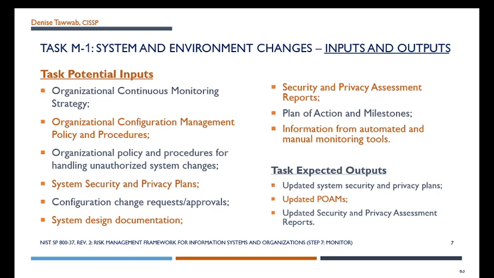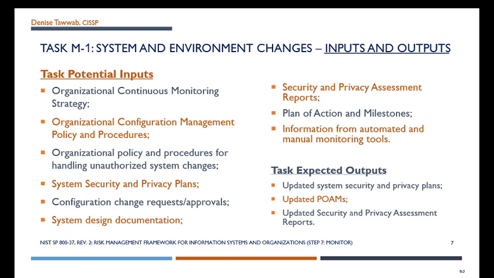Potential inputs to task M1, system and environment changes, are going to be your continuous monitoring strategy, your configuration management policy and procedures, your organization's policies and procedures for handling unauthorized system changes, the system security and privacy plans, configuration change requests and approvals, system design documentation, your security and privacy assessment reports, the plan of action and milestones for the system, and information from automated and manual monitoring tools.